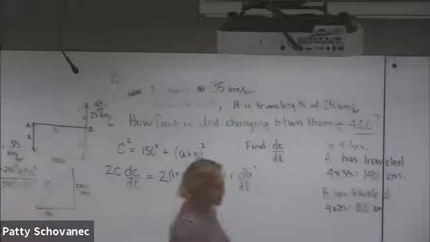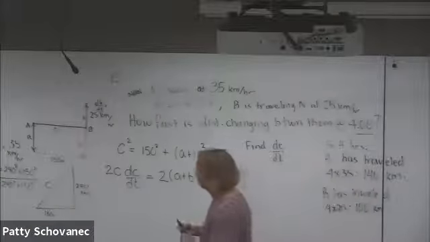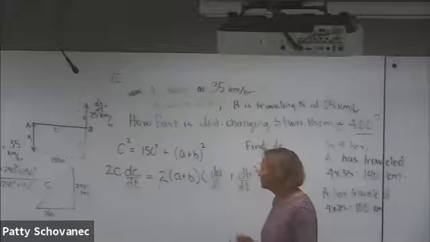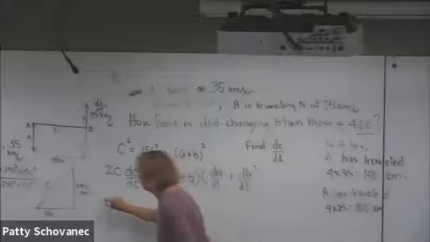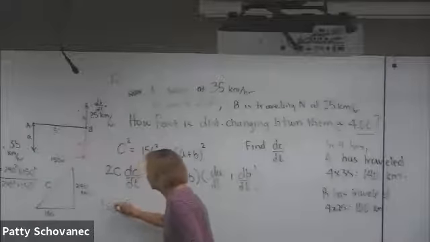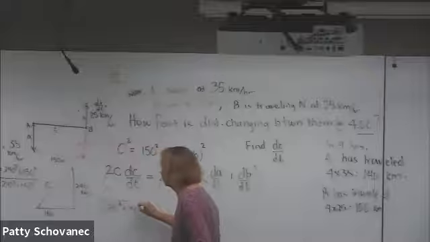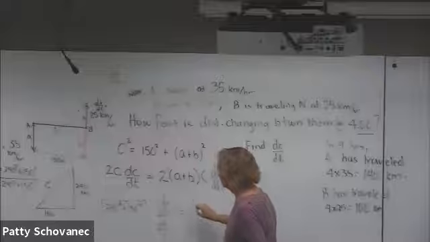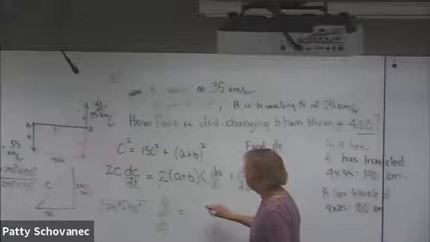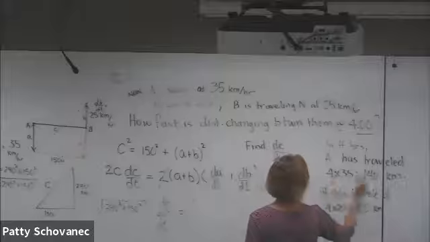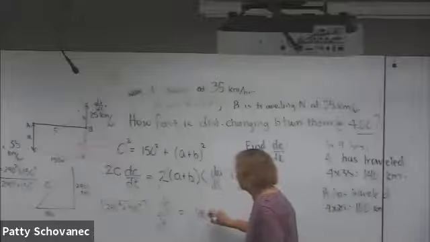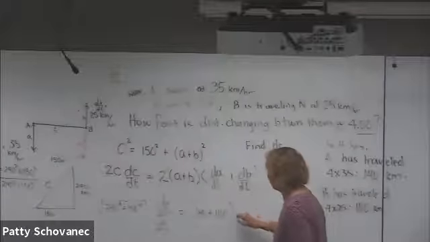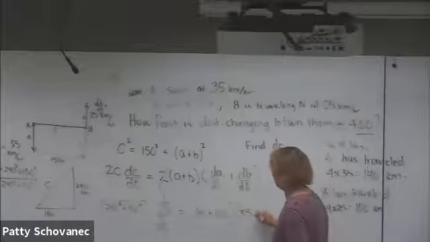The 2's are just kind of in the way. There's a 2 on each side. Let's cancel them. Now let's plug everything in. C is the square root of 240 squared plus 150 squared. Then we have dC/dt. Then a plus b, that's going to be the 100 plus the 140. dA/dt is the rate of change in A, that was 35. dB/dt is 25.